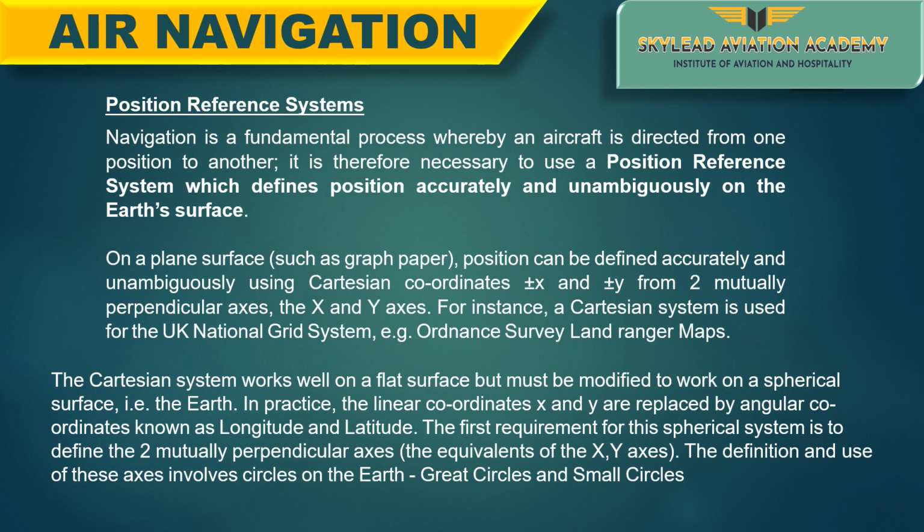The first requirement of this spherical system is to define two mutually perpendicular axes. The definition and use of these axes involves circles on the earth: great circles and small circles.